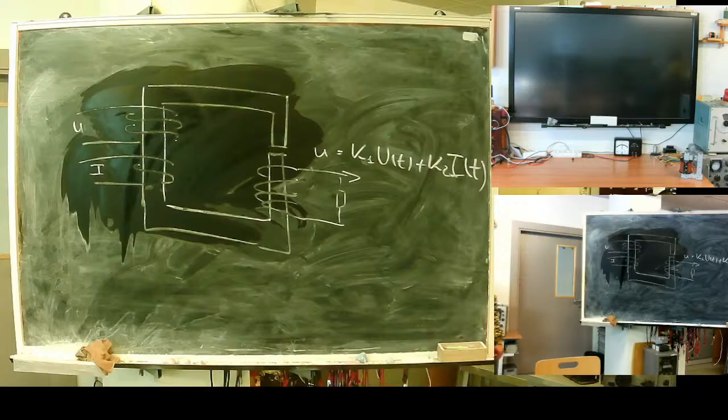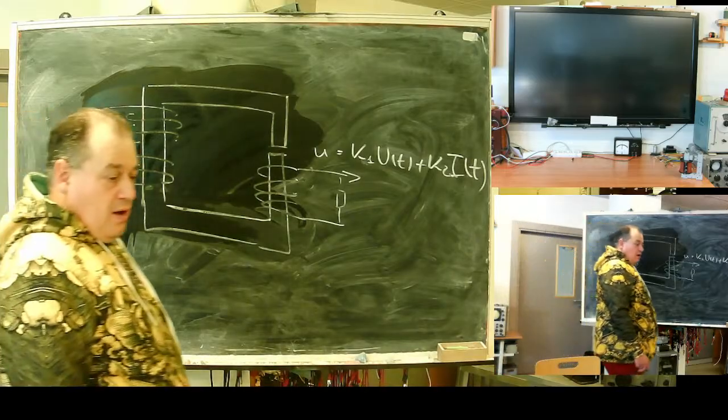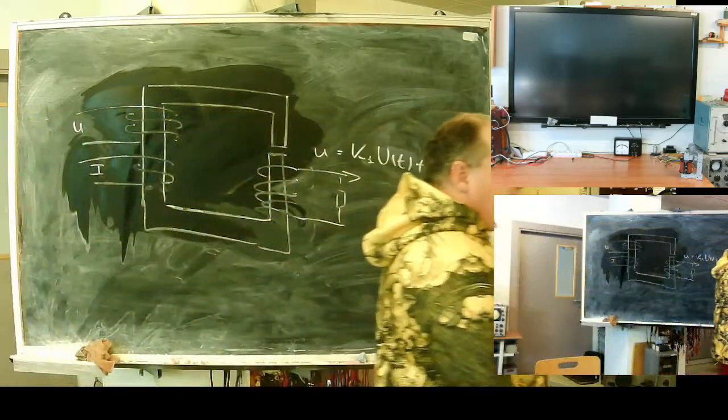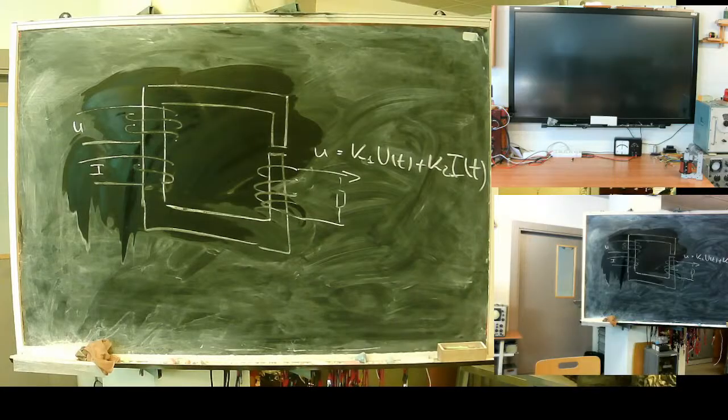Early digital devices used such a system with an air gap to perform multiplication even before digital processing. It was done to decrease the computation burden on the central processor.